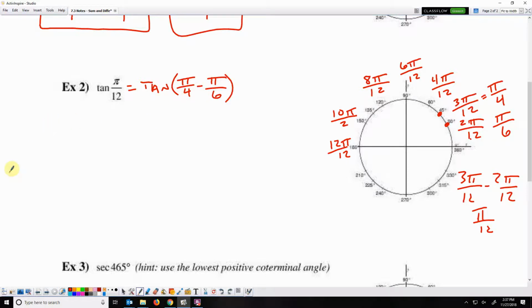So it's tan alpha minus tan beta, so tan pi over 4 minus tangent pi over 6, all over 1, and then it's minus or plus, which means change the sign, so I'll change to a plus, tan alpha times tan beta, so tan pi over 4 times tan pi over 6.